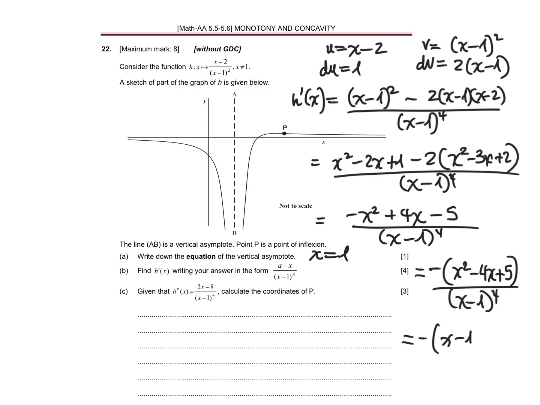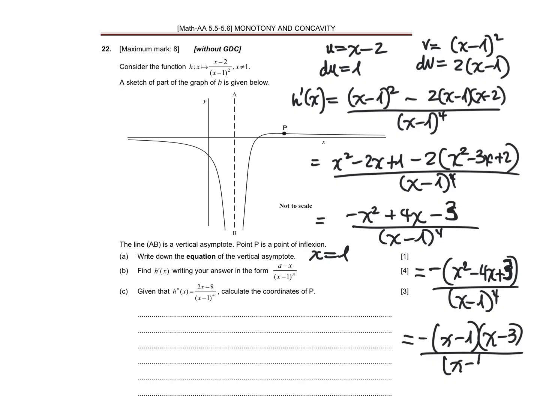Okay, this should be plus. I found my mistake. So that's 1 minus 4, which is negative 3. So this is positive 3 here. So that factors to x minus 1, x minus 3.